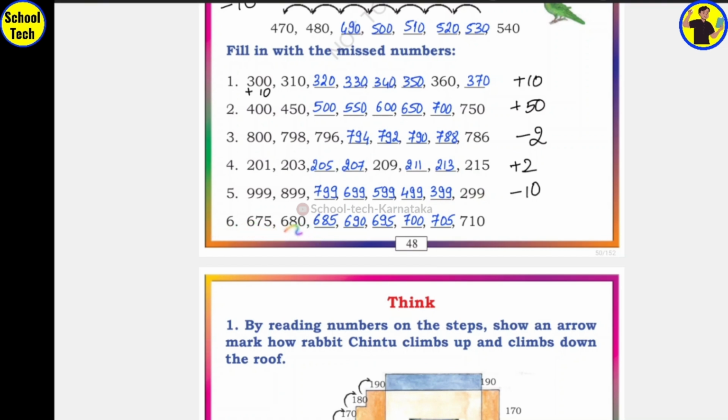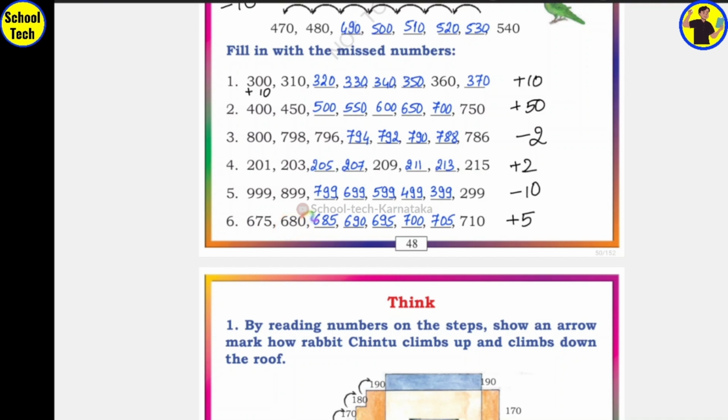The last one, 675 and 680. When you see these two numbers, 680 is greater than 675. So, if we add 5 to 675, we get 680.